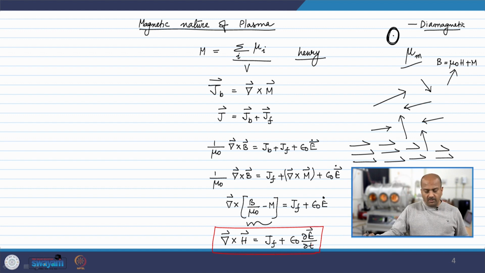Now, in this expression we see two vectors, right. We see capital H and capital E. Capital H is the magnetic field strength, E is the electric field, and we also had B before this equation was written. So, we have B, we have H, and we have E, the electric field, and we also have M. All these are vectors. What are these?